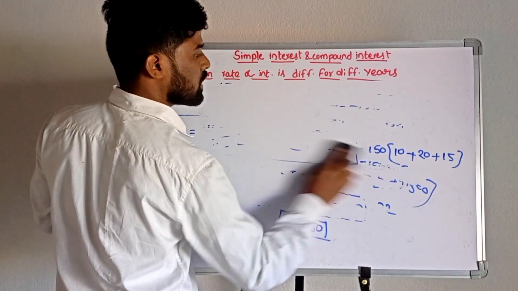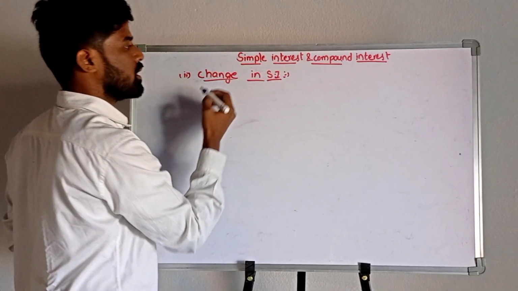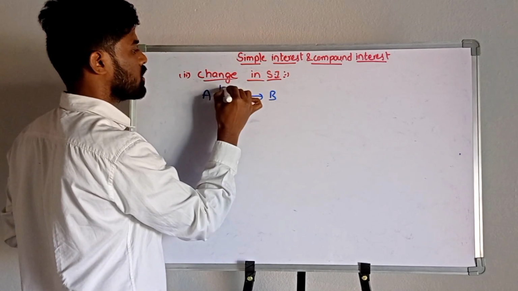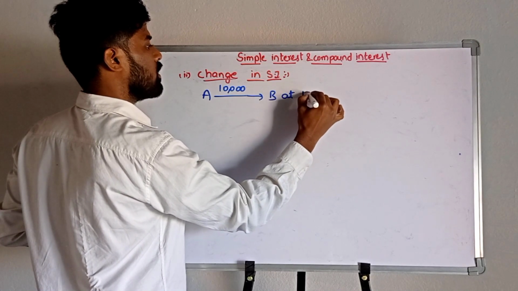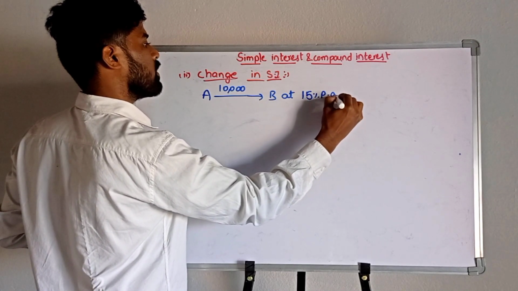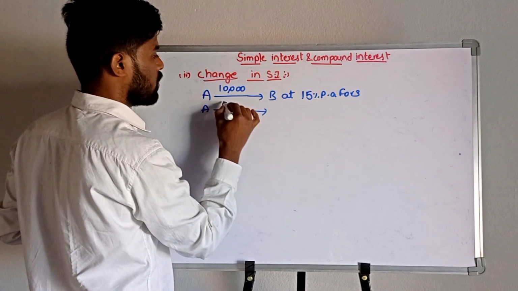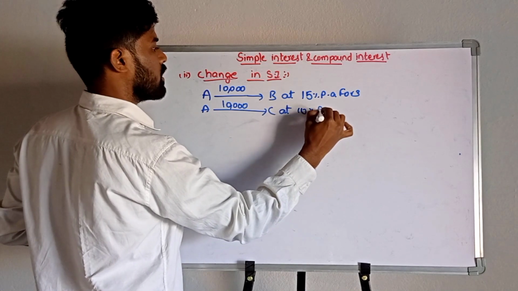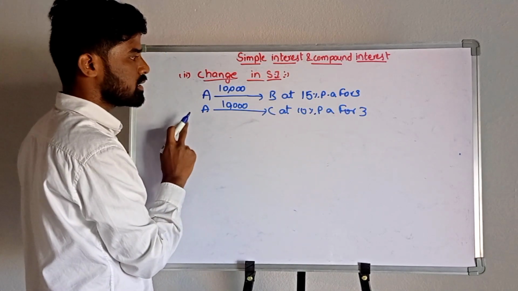Now we will see how to calculate change in simple interest. Suppose A gave an amount of 10,000 to B at 15% per annum for 3 years. Also A gave an amount of 10,000 to C at 10% per annum for 3 years. We have to calculate the change in simple interest.